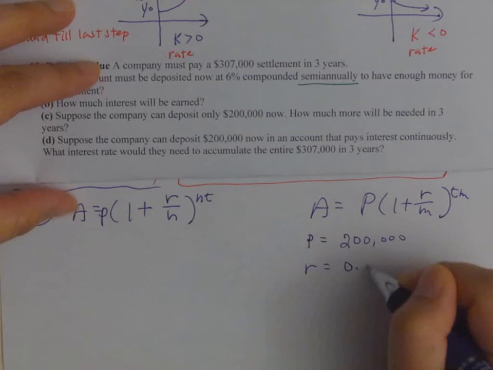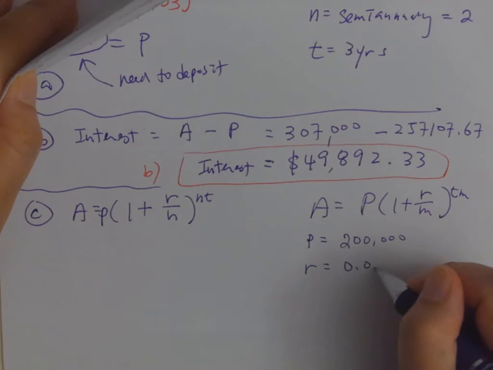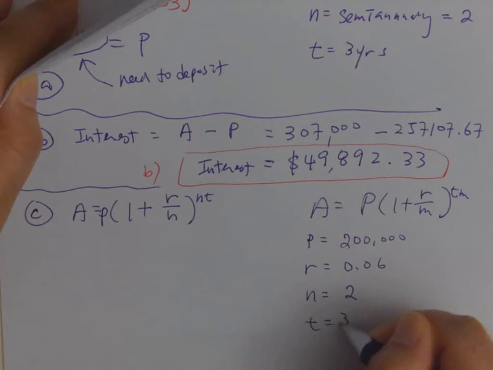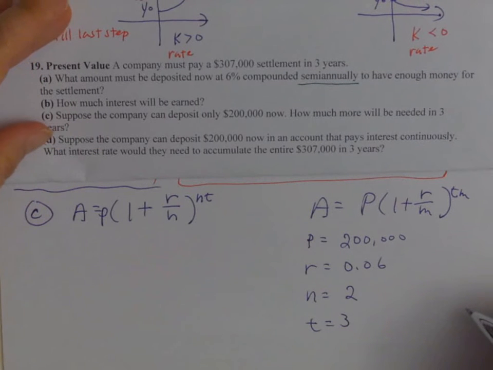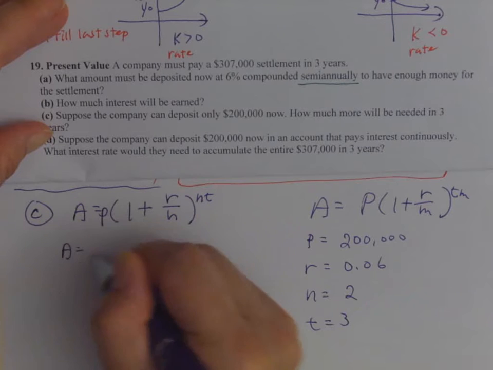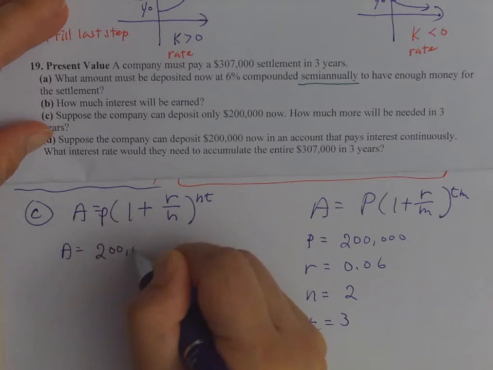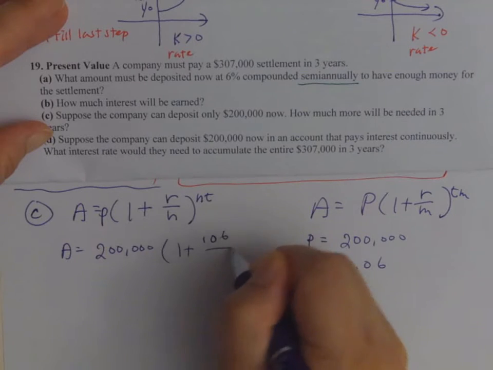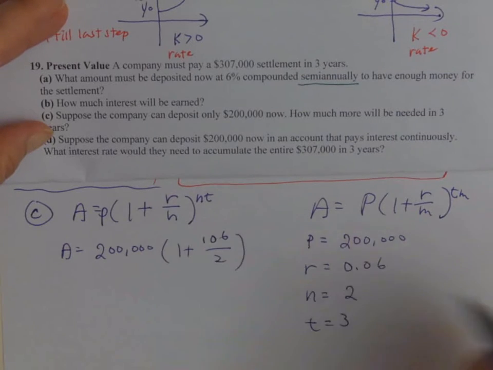r is 0.06, n is 2, t is 3, right? So let's plug it in and see how much money I will get after 3 years. So for 200,000, 1 plus 0.06 divided by 2 raised to 2 times 3, right?